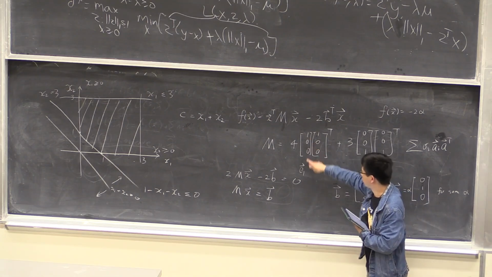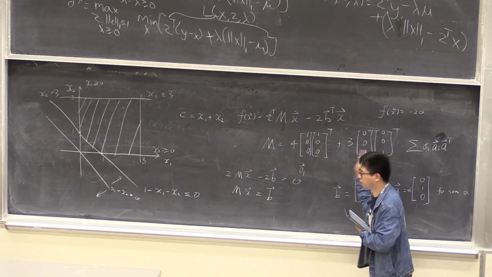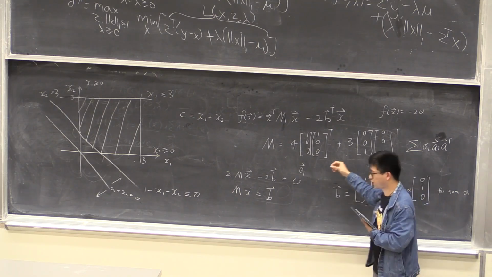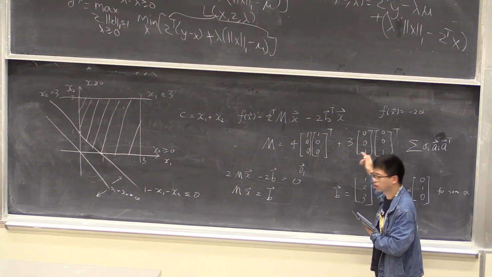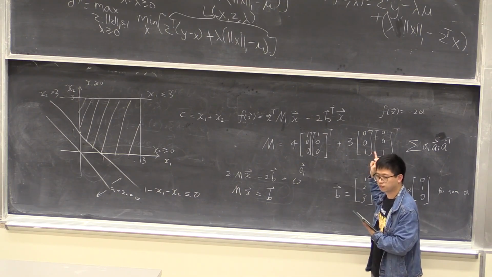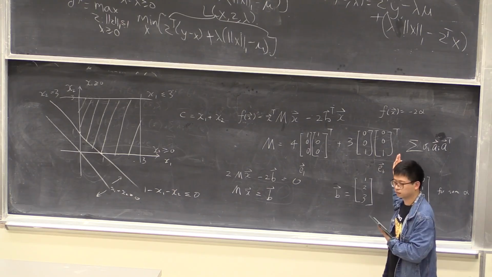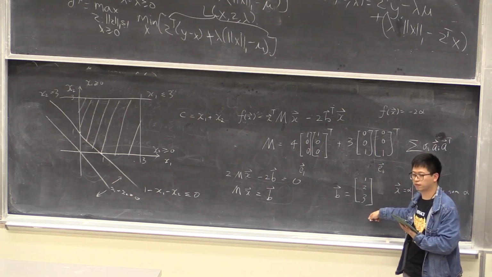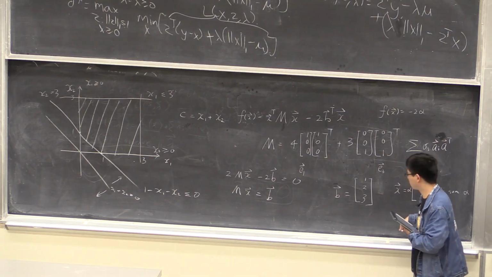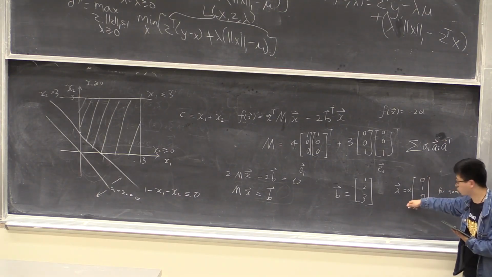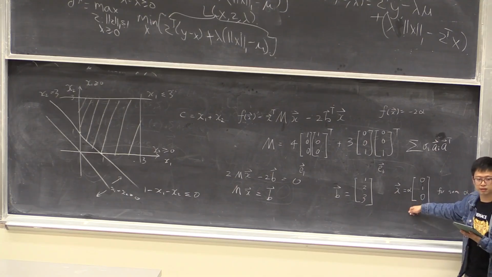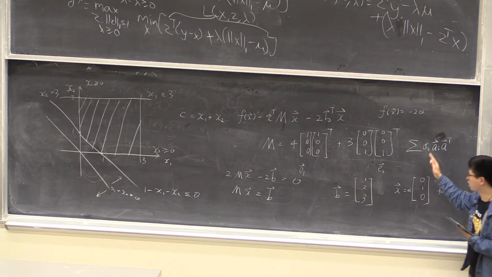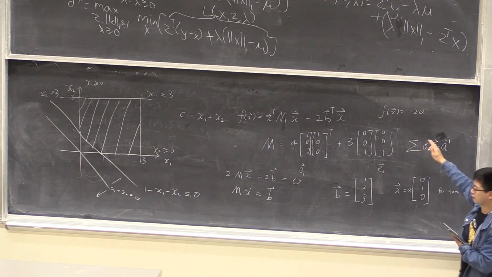Yes, these two are the basis, so the range of M is any linear combination of these two bases. And we could just say B is not in that span. Exactly, B is not in the span. So we're taking X to be in the null space in this case. So for A, this is minus infinity.